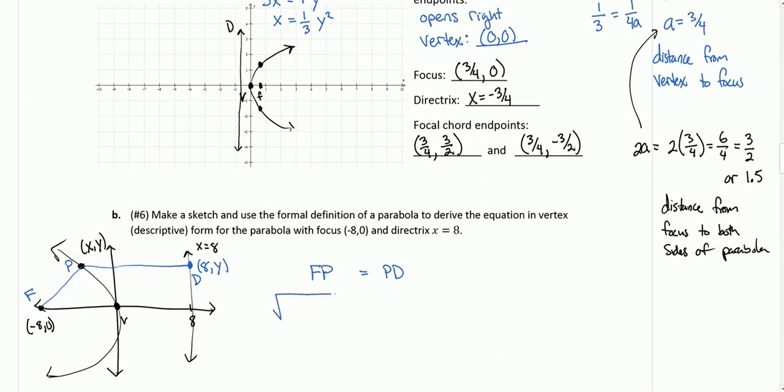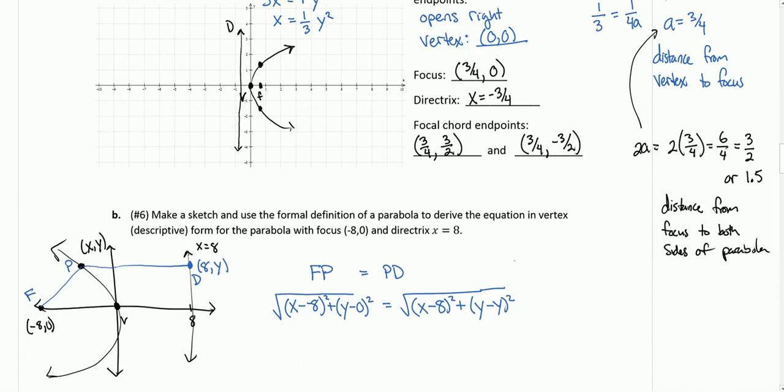Using the distance formula, point F has an x value of -8. Actually, sorry, I'm going to start with P and then go to F. So P has an x value of x minus the x value -8 from F, squared, plus P has a y value of y minus the y value of F, squared, is equal to P's x value minus the x value of D, squared, plus y minus y squared.